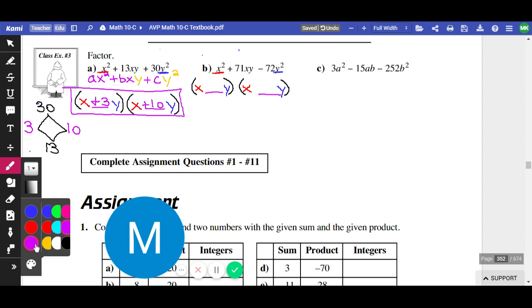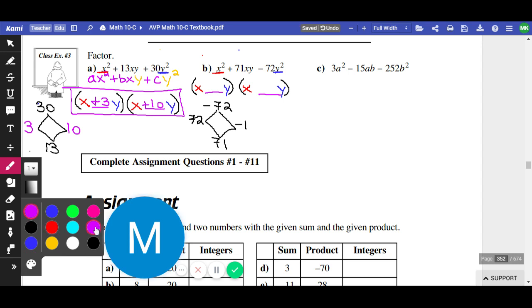You do your diamonds. Top of your diamond is negative 72. Bottom of your diamond is positive 71. Things that multiply to negative 72 and add to be 71 would be 72 and negative 1. Those numbers are the numbers that go in front of your y.